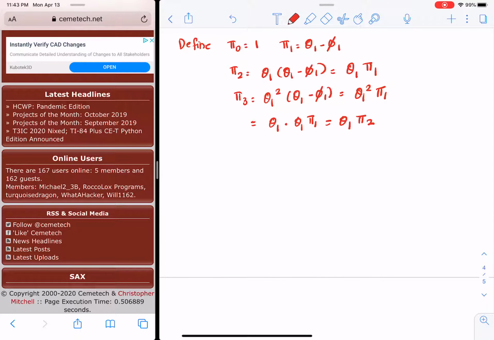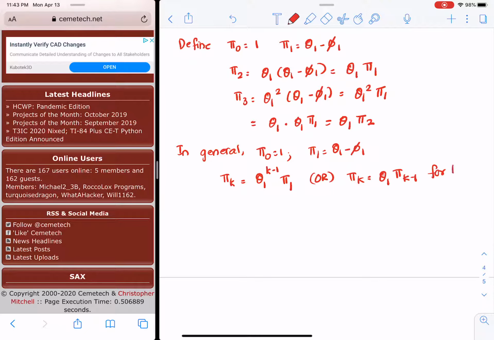So in general, we have pi 0 equals 1, pi 1 equals theta1 minus phi1, and pi k is equal to theta1 raised to k minus 1 times pi 1, or pi k would equal theta1 times pi k minus 1 for k greater than or equal to 2.